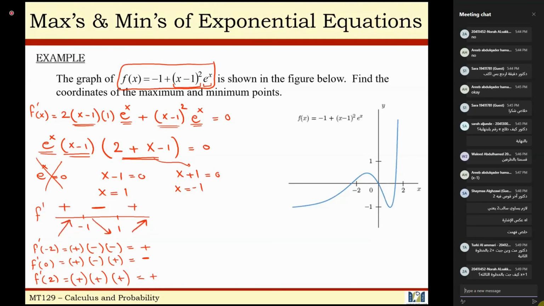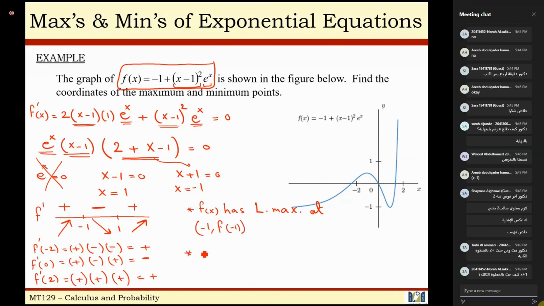From this direction, we can conclude f of x has a local maximum at what? Local maximum at the point negative 1 and f of negative 1.